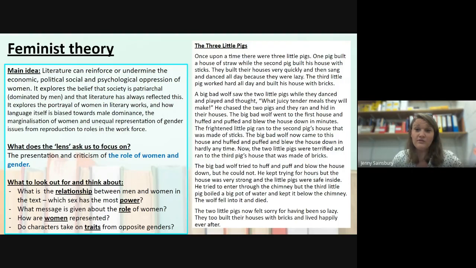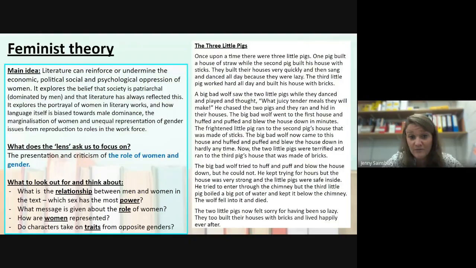We could argue that the pigs are representations of a male gender, but because there's no definitive male or female pronoun, we could also argue that they are female pigs. And does that change our interpretation of this story and of who the big bad wolf is and what he could be attempting and trying to do?